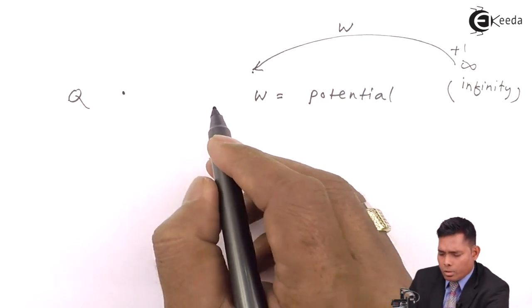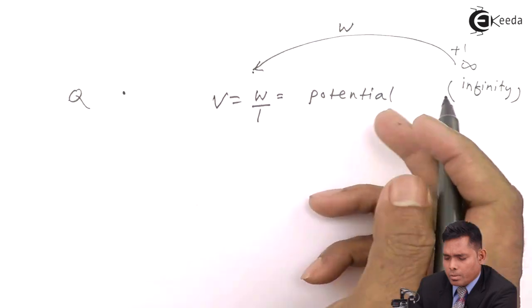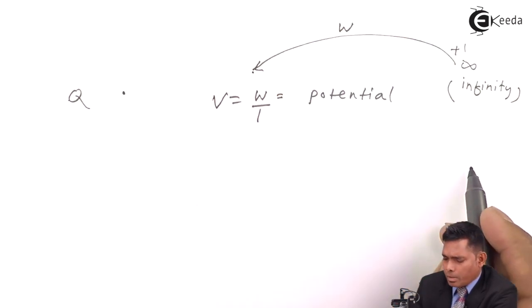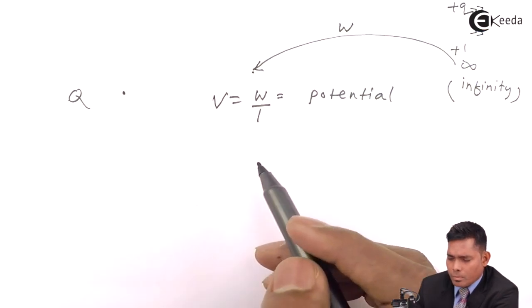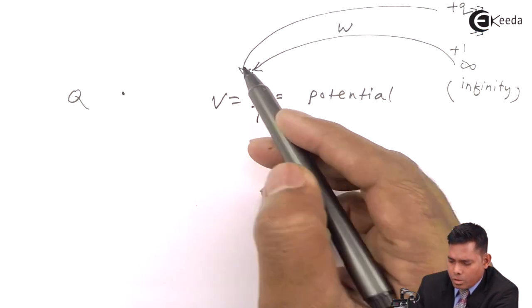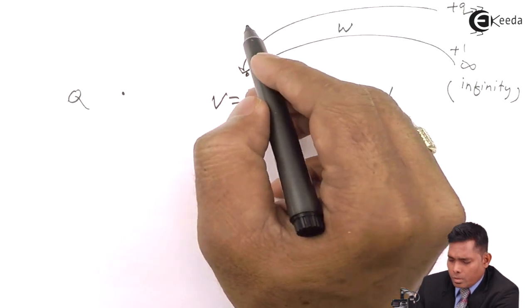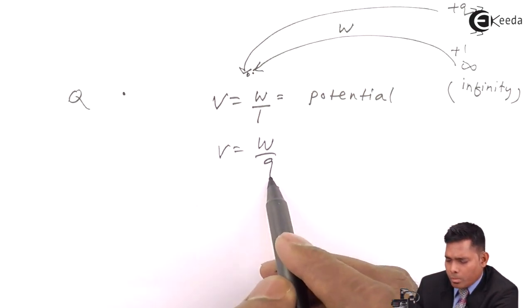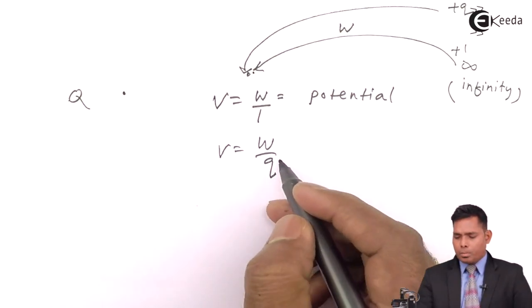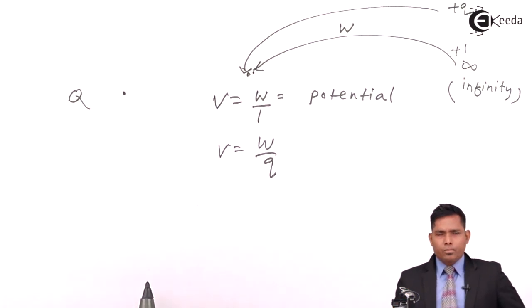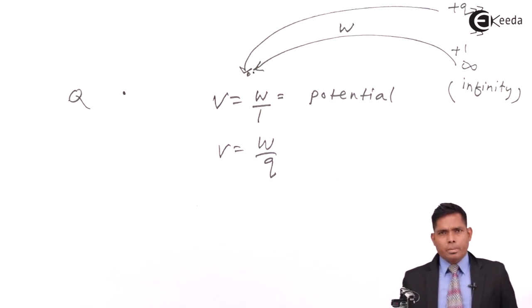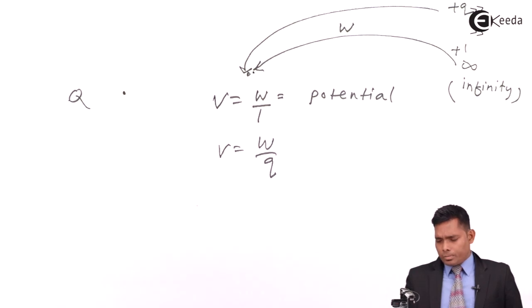So this is the potential, because here there is one unit positive charge. What happens if I bring plus q charge to this point? Then the potential will be W by Q, work done per unit charge. So actually, per unit charge, how much work is done, that is the potential. It has nothing to do with the amount of charge you are bringing. It is only interested in the work done per unit charge.